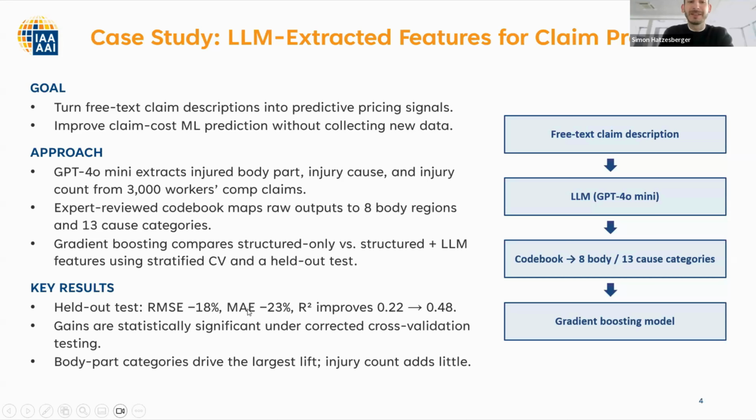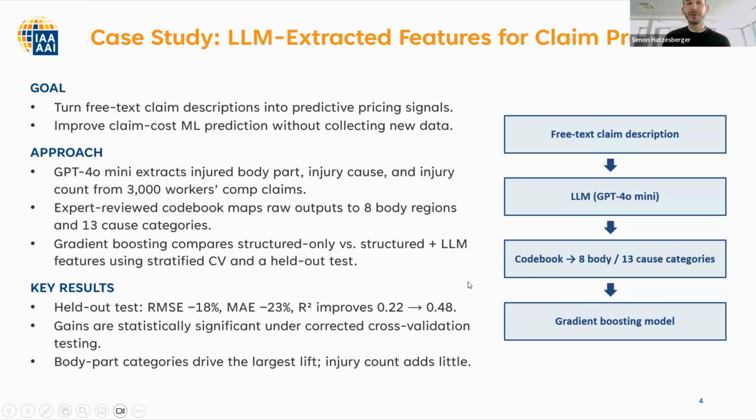Decrease is good in this one. Also for the mean absolute error, and some improvement for the R squared. And what we also could do is to allocate this improvement to our 3 new features. And what we found out was that it's not the number of body parts injured, but the main body part which played the most crucial role.